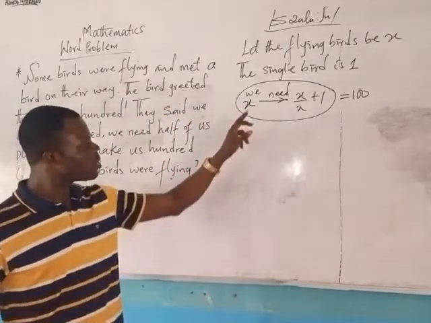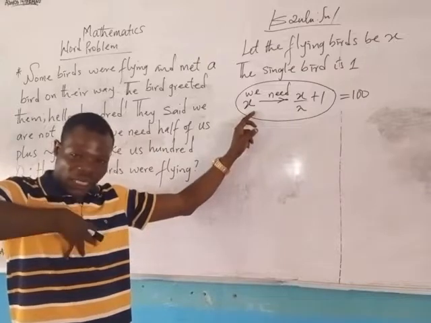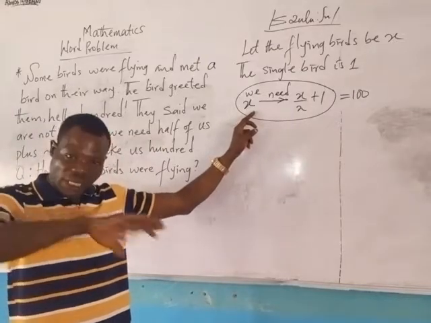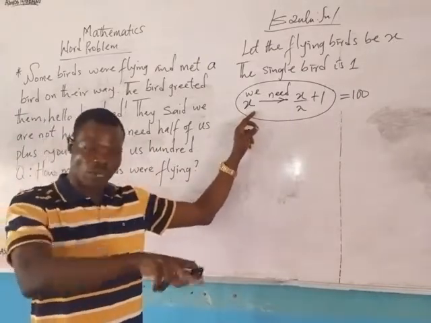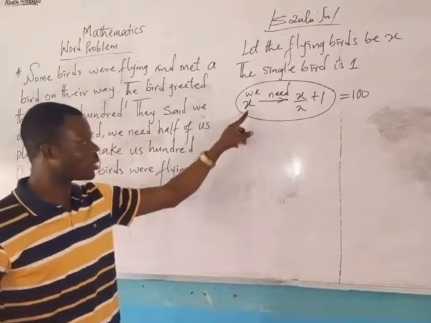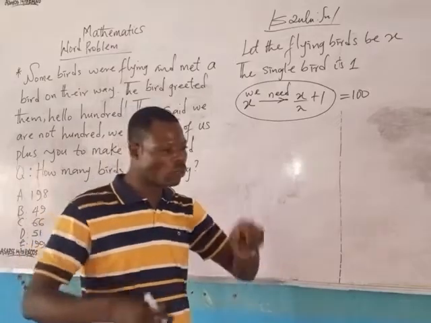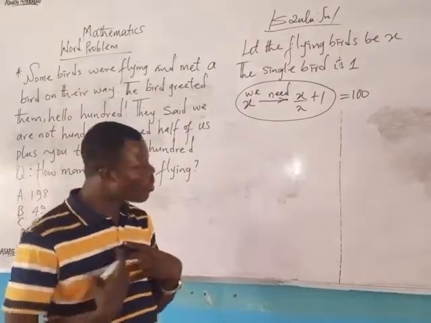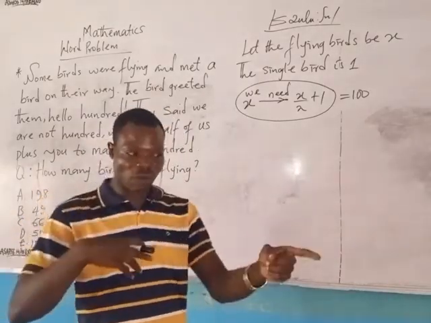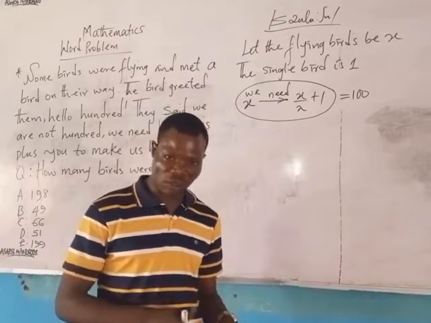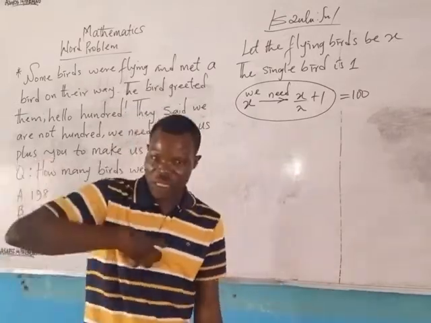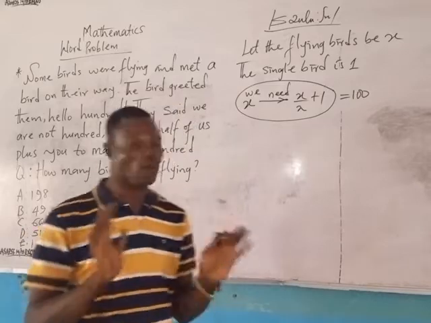So the birds flying, rejecting that statement from the single bird, is now X, telling the single bird that when you yourself are added to us, we are not yet 100. We still need half of us again to be added before we can be 100.